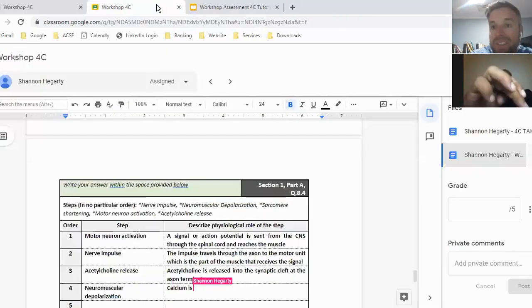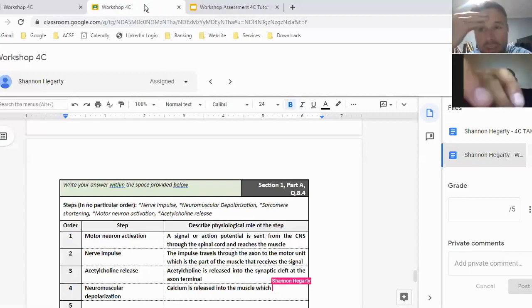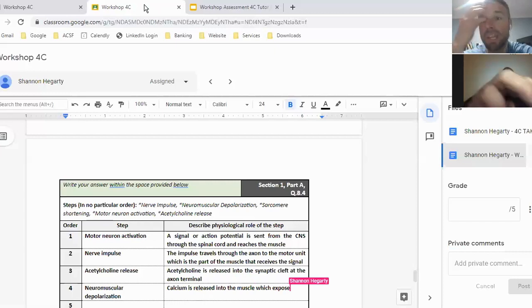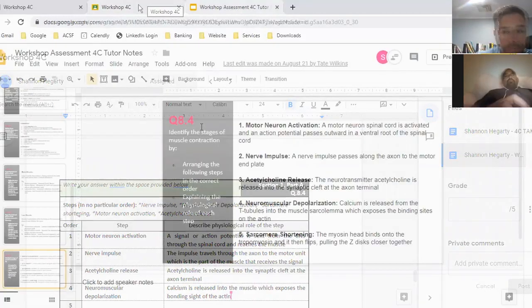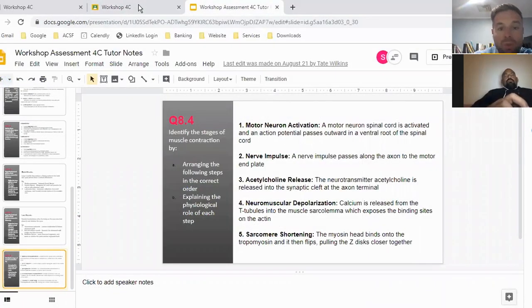Calcium is released into the muscle, which exposes the binding sites of the actin. I'm not sure if you remember, actin and myosin connect in the muscle and they pull on each other, which causes the muscle to contract. Binding sites of the actin molecule.